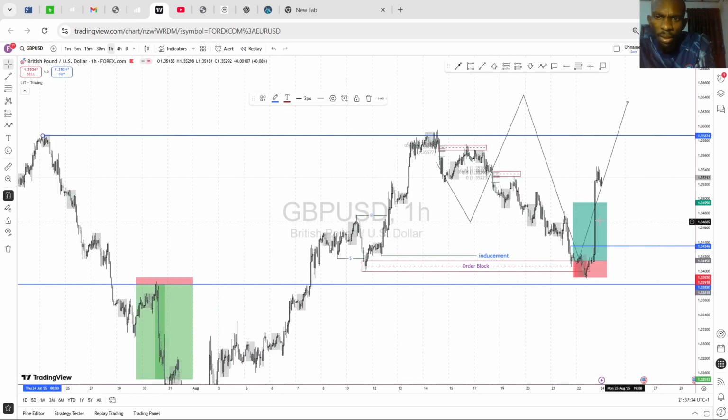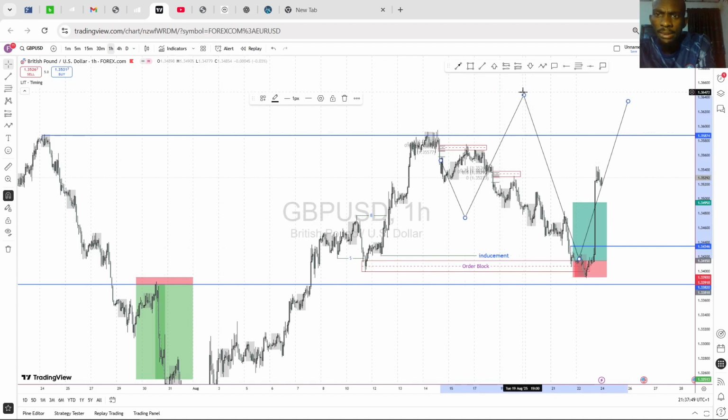But the only internal liquidity to take out is this one, which is our point of interest. But assuming the market actually broke out again like this, giving a major breakout before coming down to this point, it would have been a perfect point to trade.